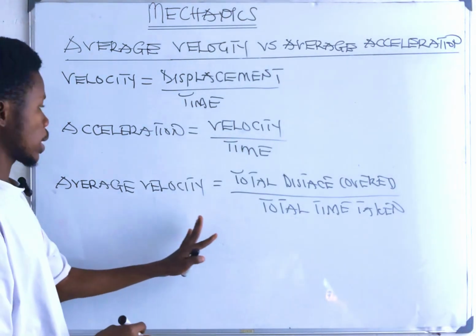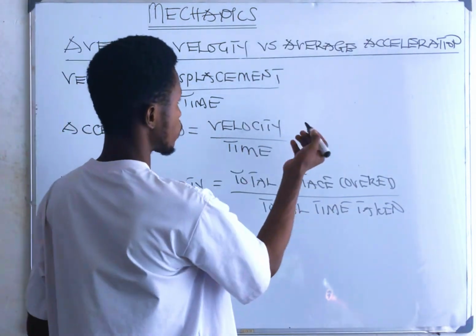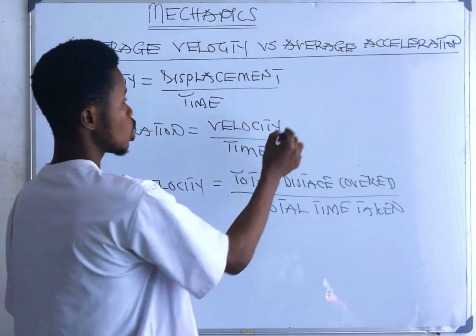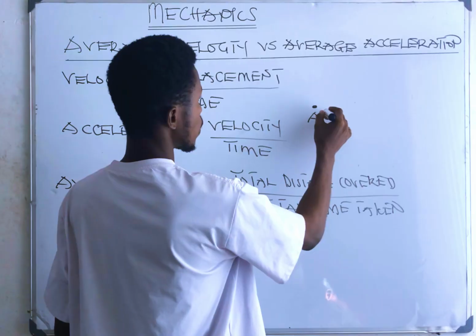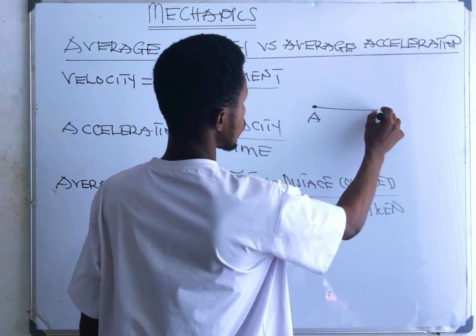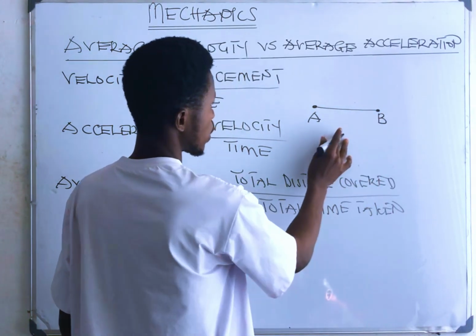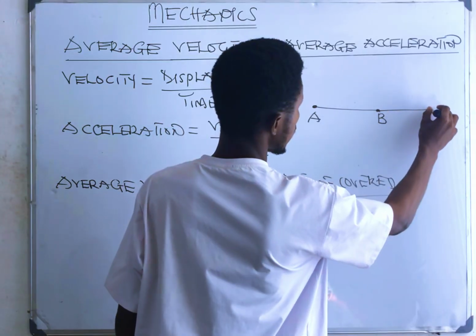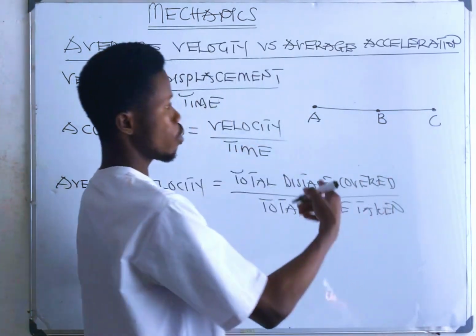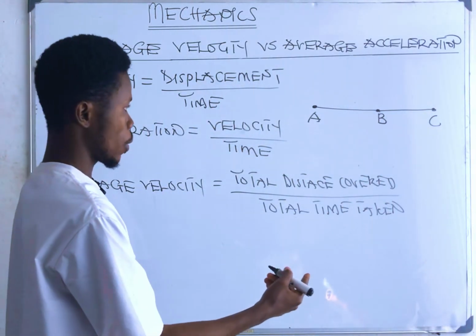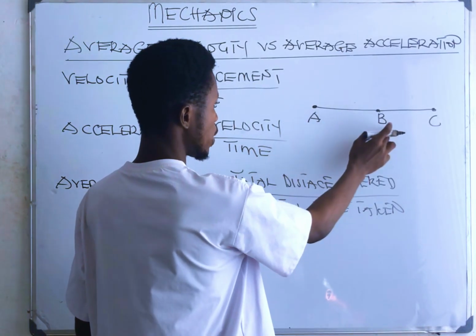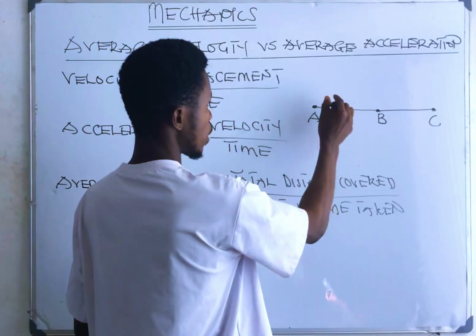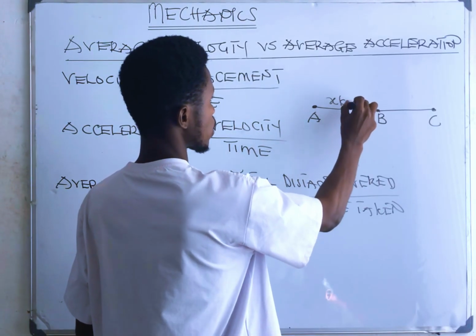So what you are saying is that let's assume that I'm traveling, okay? So I stand at point A. Then I move to point B. Then I also move again to point C. I can even move to point D, okay? Now, from here to here, I will cover a distance, so let's say that is X kilometers.